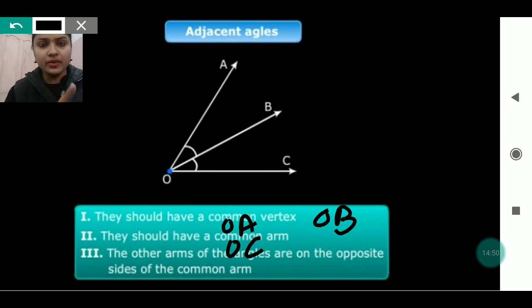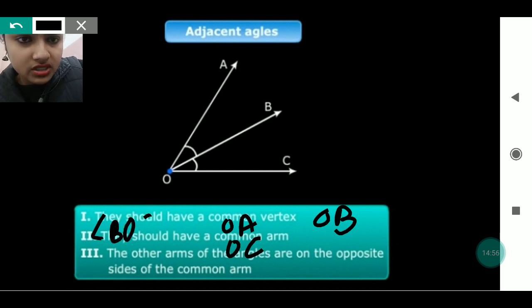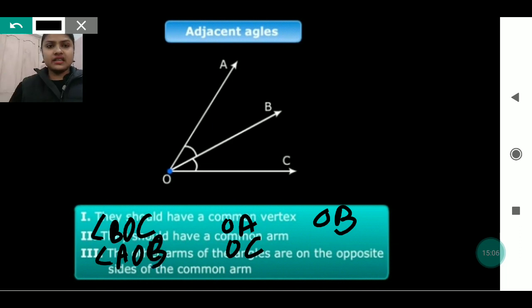How many angles are forming? Two angles are forming. One angle you can say is BOC, and the other is AOB. So one is AOB, and the other you can write as COB, or BOC also.